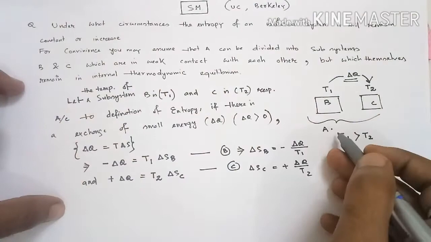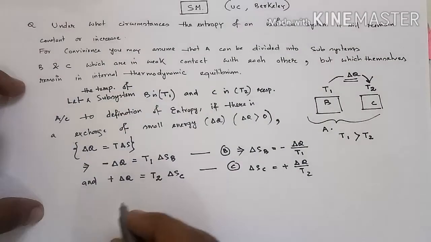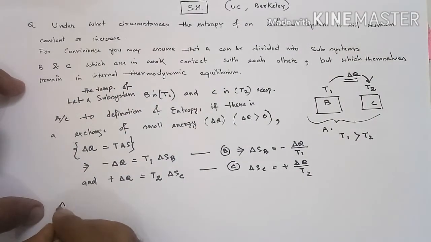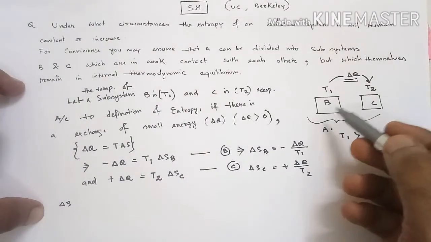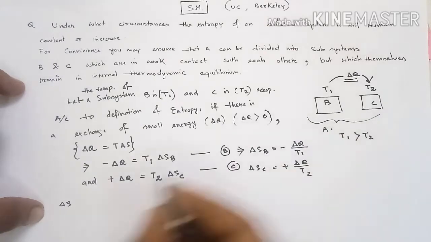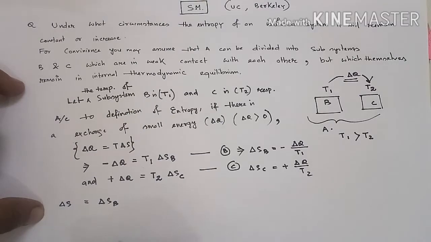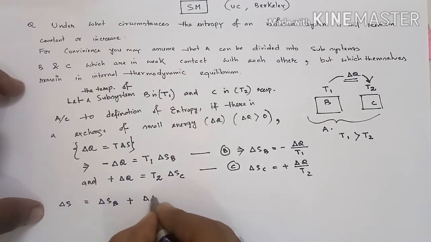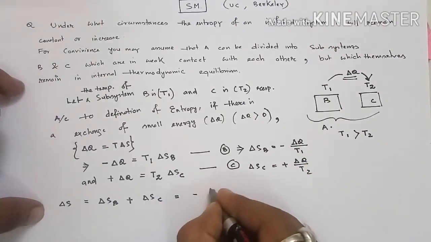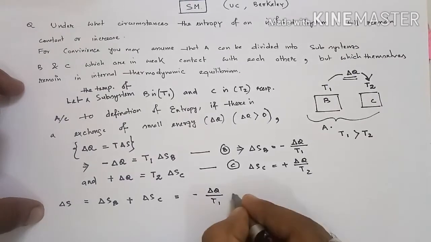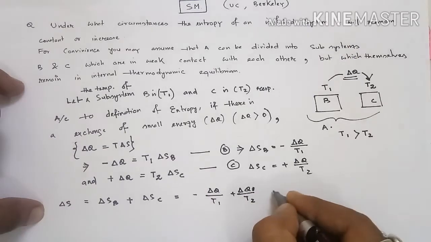So for the whole system we need to find the entropy. We want to say whether it is constant or increases. So we will consider the change in entropy for the whole system to be delta S. That will be given by the addition of the entropy changes for B and C. Delta S equals the change in entropy in subsystem B plus the change in entropy in subsystem C. So this can be written as minus delta Q over T1 plus delta Q over T2.